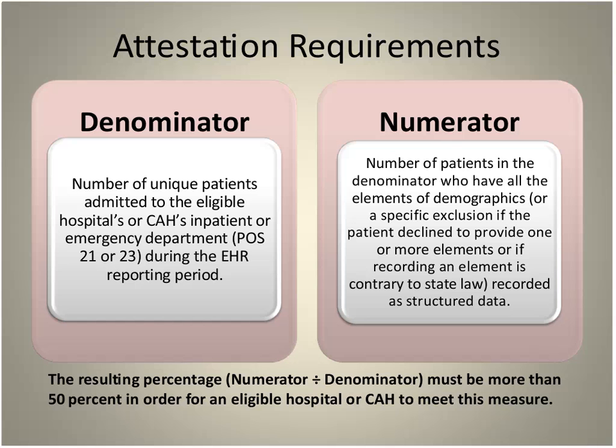And the numerator would be the patients who you have captured all of the demographic attributes, and you can exclude if a patient declines to provide one, maybe ethnicity or something. You can note that, and that still is acceptable. The result has to be you have to have more than 50% of those unique patients recording that demographic information in order to meet this particular objective.